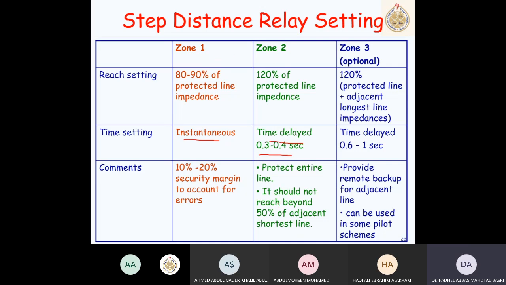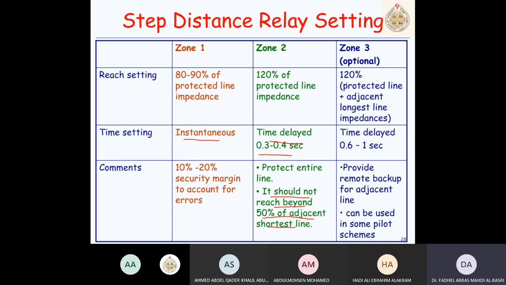And it should not reach beyond 50% of the adjacent line. If you go beyond the adjacent line, as I will show later, you need to address the problem of coordination between zone 2 and another zone 2. Zone 3 is optional. Now these two must be used to protect the line.